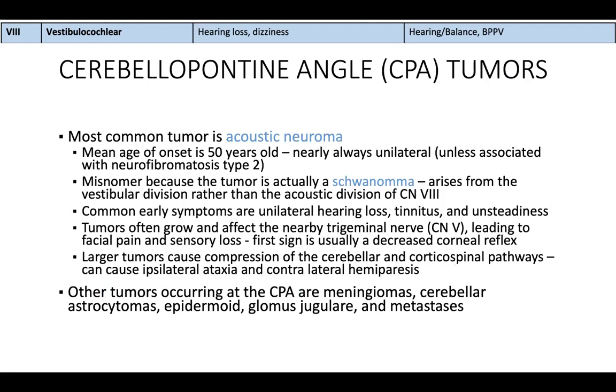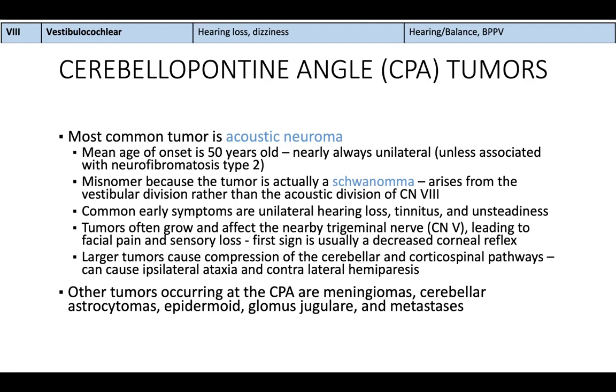Okay, acoustic neuromas is sort of a misnomer because they're called schwannomas. They arise from a division of cranial nerve 8. Compression can cause ipsilateral ataxia or hemiparesis. It can also cause hearing loss.